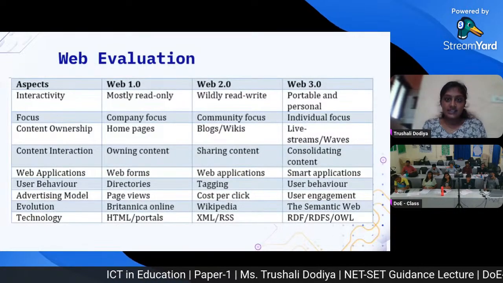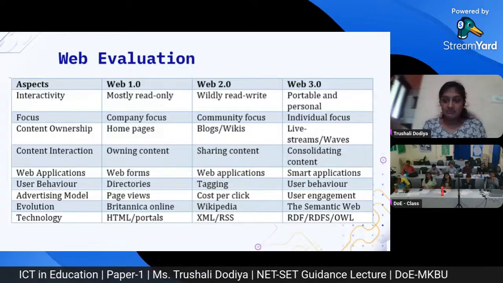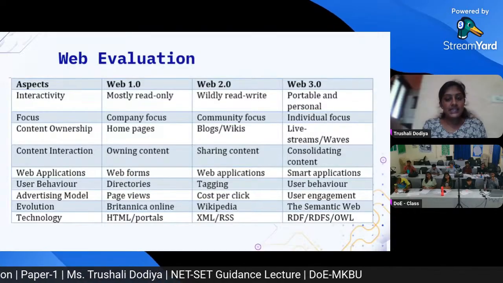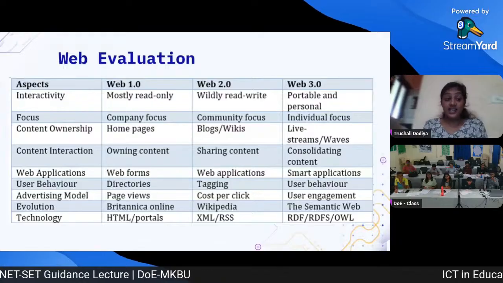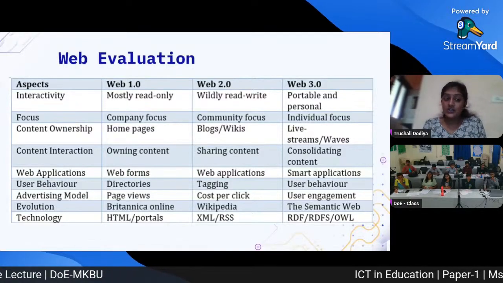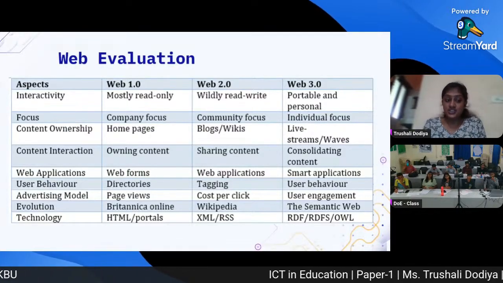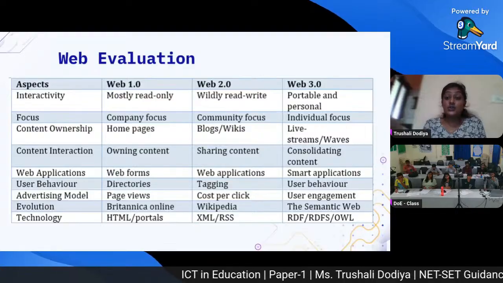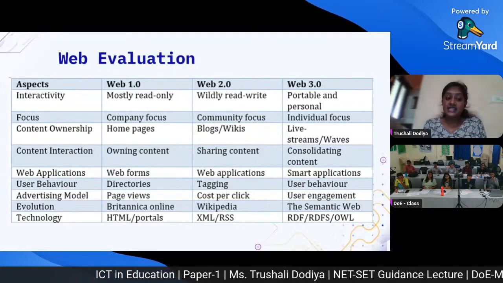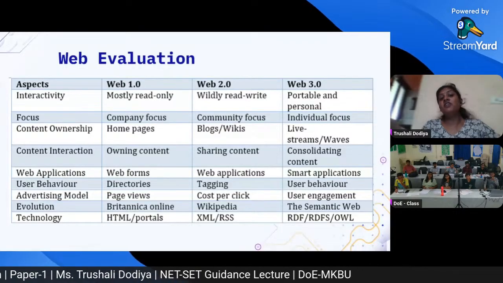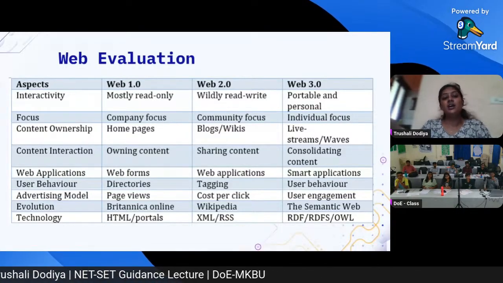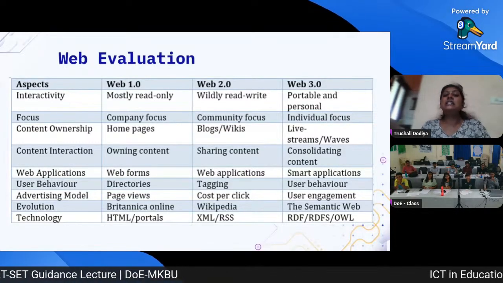Well, there are three web evolutions till the time we had. Each one of them differs in its aspects in terms of interactivity, focus, content ownership, content interaction, web applications, user behavior, advertising model, evolution, and technology. First, Web 1.0, which was mostly read only.